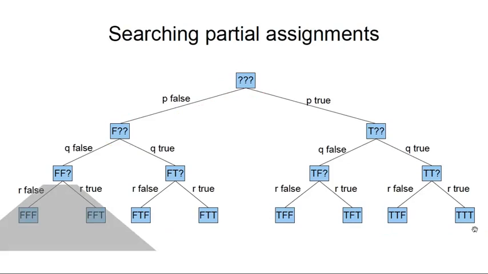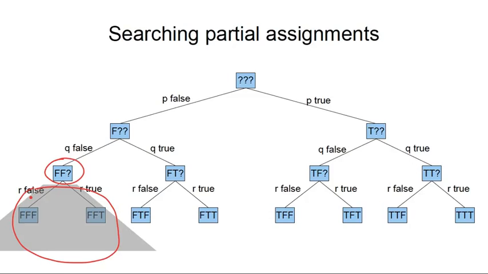Now, at each partial assignment, we can evaluate whether the set of sentences phi is already falsified. For example, if at this partial assignment we find that phi is already falsified, we don't need to search all the assignments in the subtree below it, because we know that all those assignments would also falsify phi.